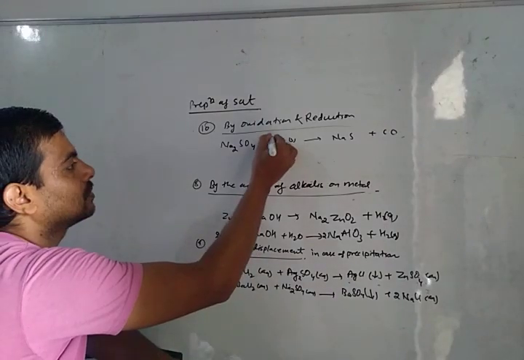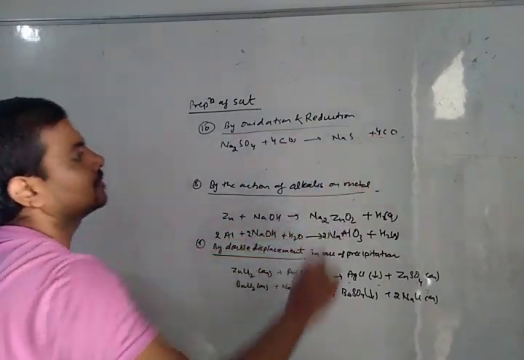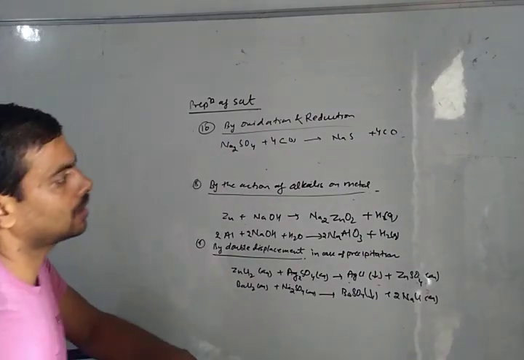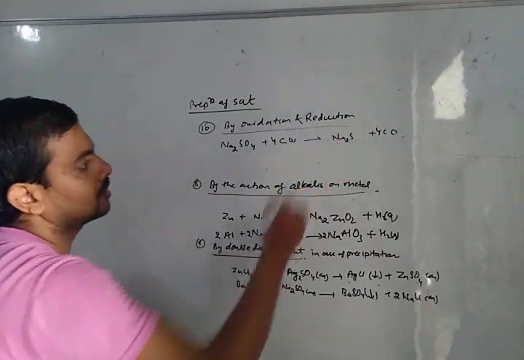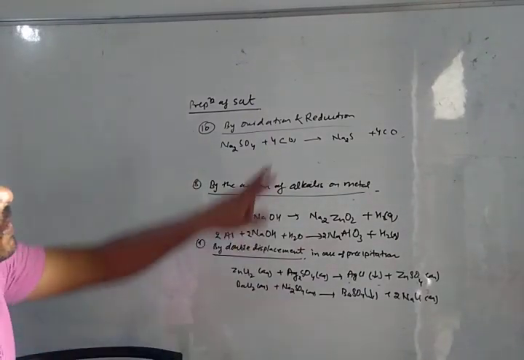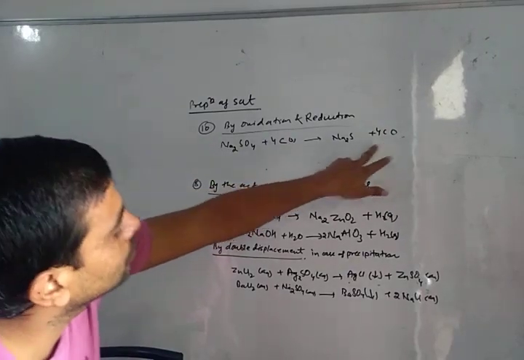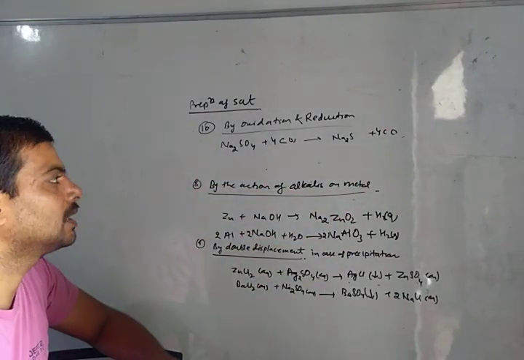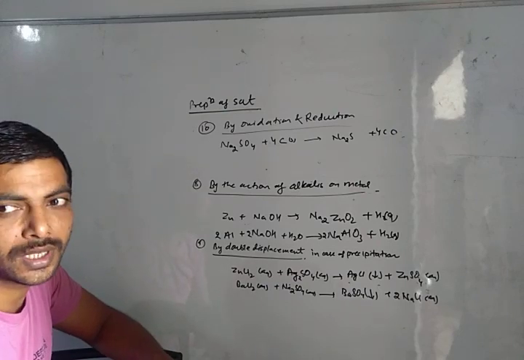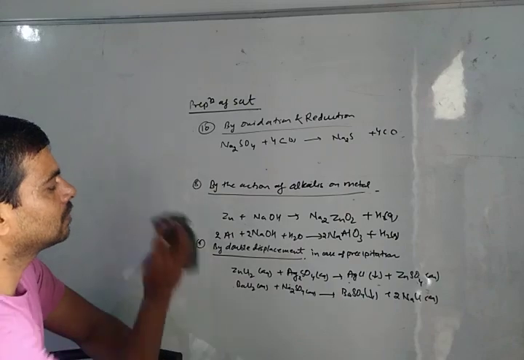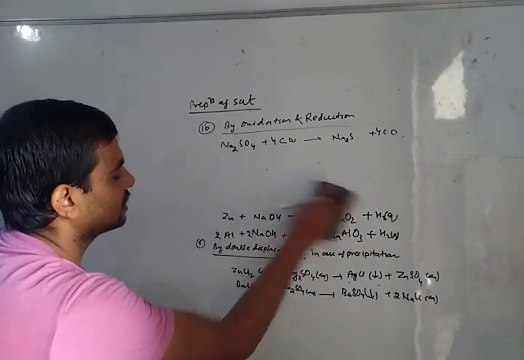Go through the reaction. Oxygen is balanced and sodium sulfide is also balanced over here. In this case, carbon gets oxidized to form CO and sodium sulfate is reduced to form sodium sulfide. So this is the way we can understand the oxidation reduction reaction.